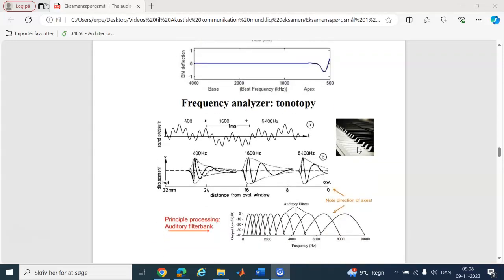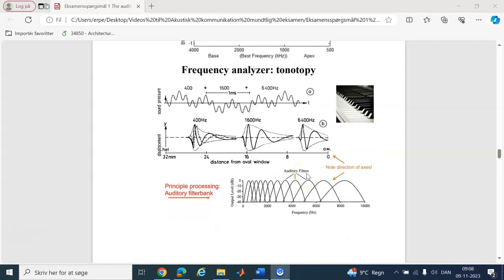apex. So you play music, tones are coming into the ear, the ossicles are working, and the basilar membrane is oscillating. So the frequencies are spread out along the basilar membrane.